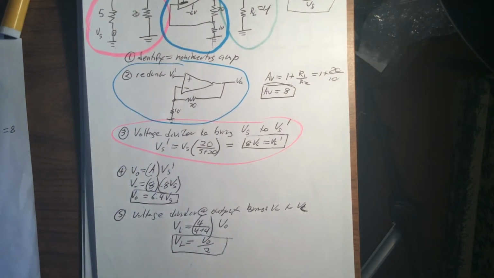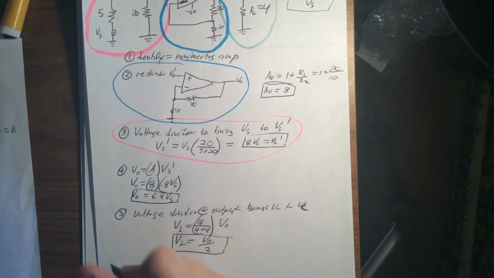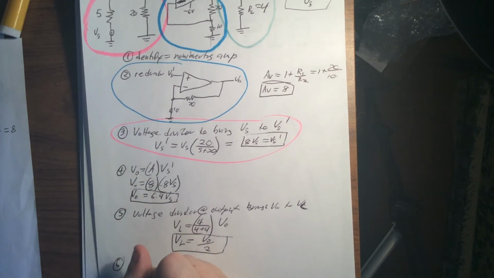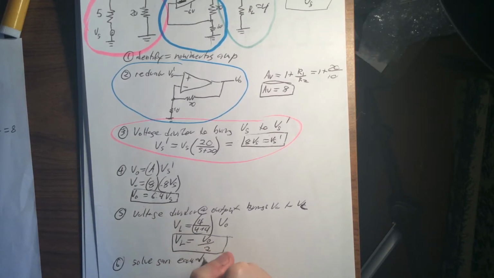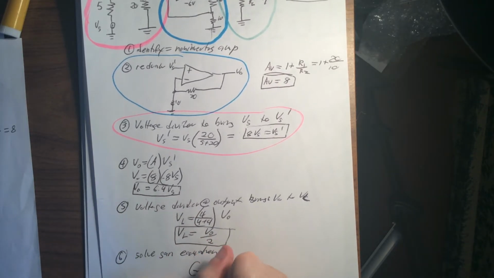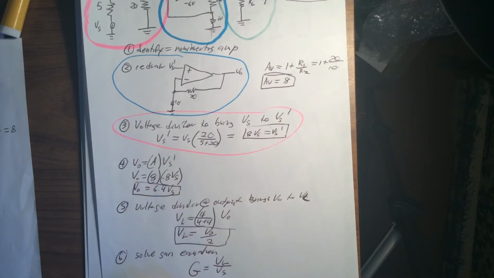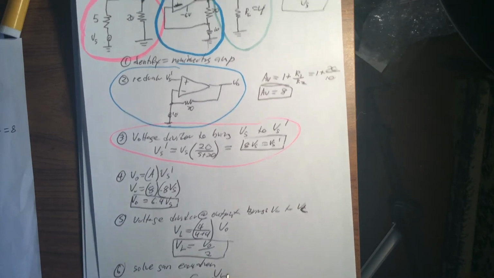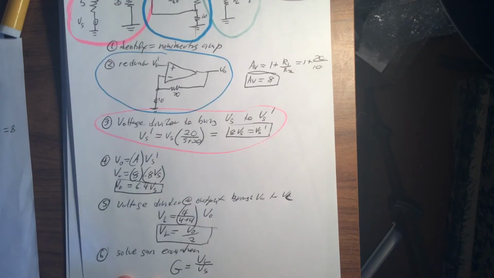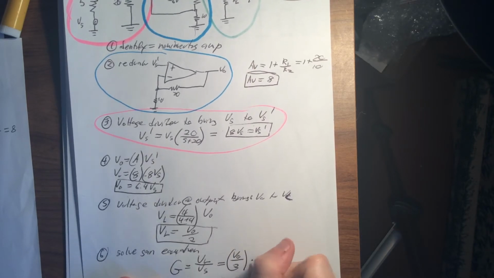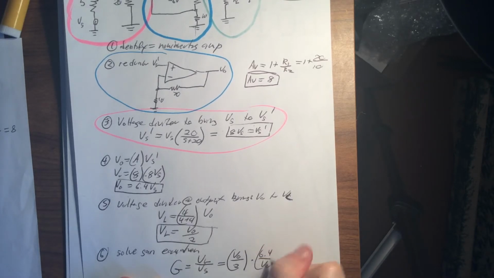So that's going to be our 6, solve gain equation. And our gain equals VL over Vs. And so if we take our VL, which is right here, our gain is going to equal V0 divided by 2 times 6.4 divided by V0.